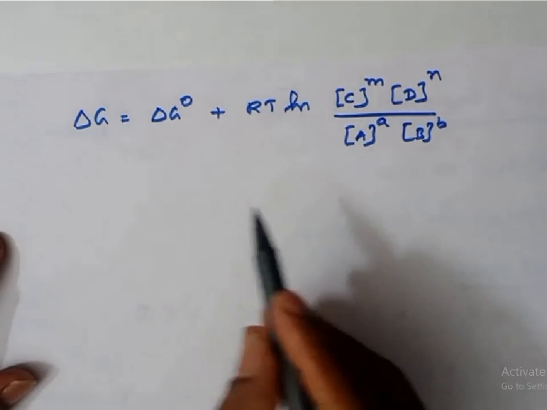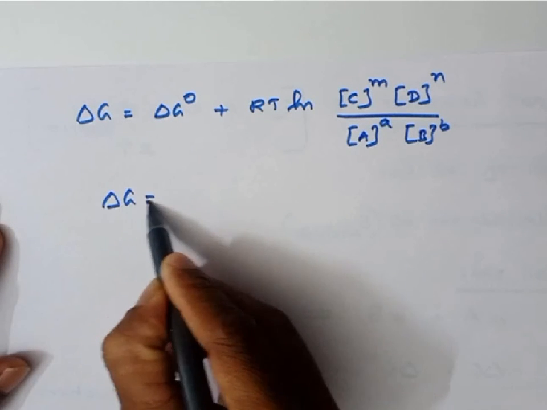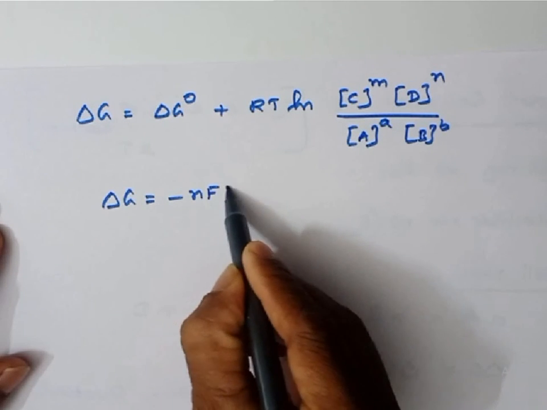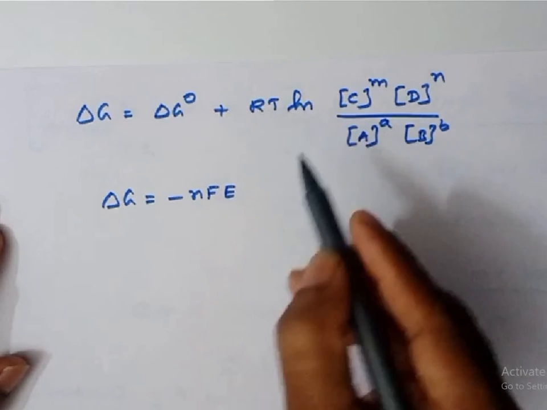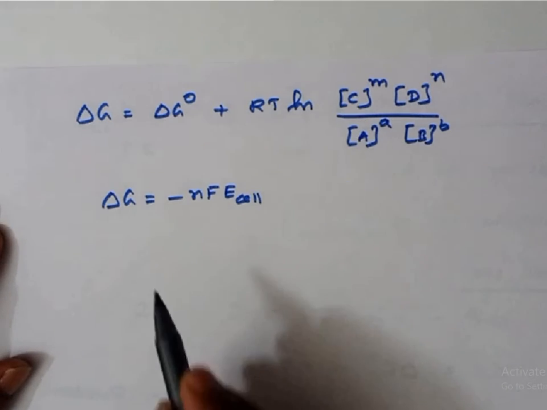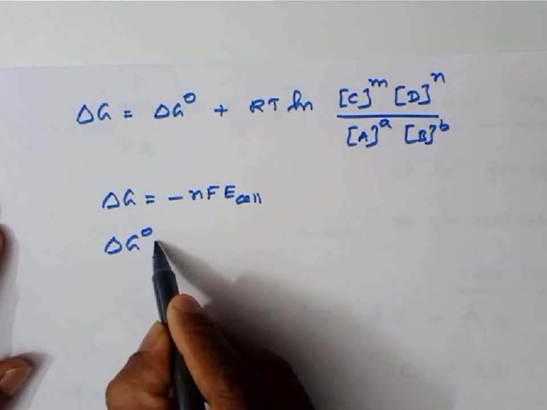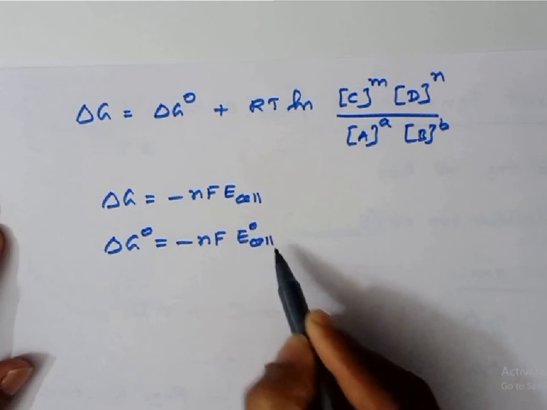Okay, now we know very well delta G is equal to minus NF into E. Since I have taken a cell reaction, I'll put cell here. Delta G equal to minus NF into E cell. And what is delta G naught? Delta G naught equal to minus NF into E naught cell. That's all.